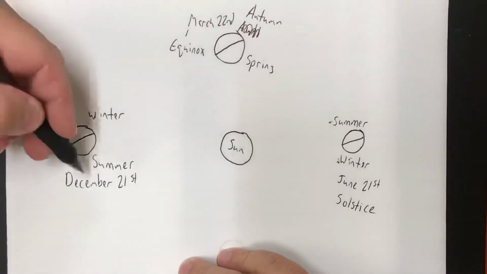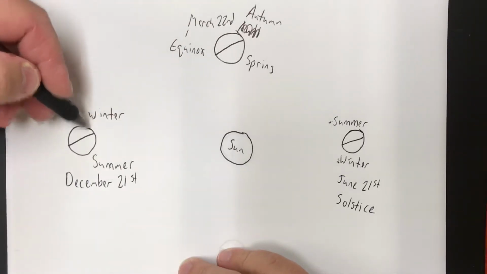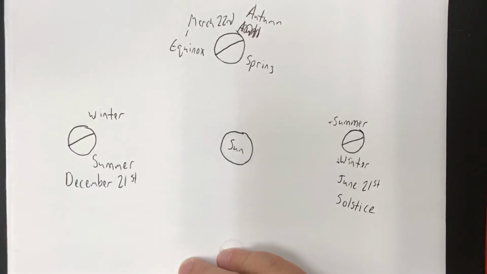Anyway, so that's it. December 21st, first day of winter for us, first day of summer for the southern hemisphere. My students have a hard time understanding that in the southern hemisphere, in like Australia, South Africa, Brazil, those countries, on Christmas, on December 25th, people down there are wearing shorts.